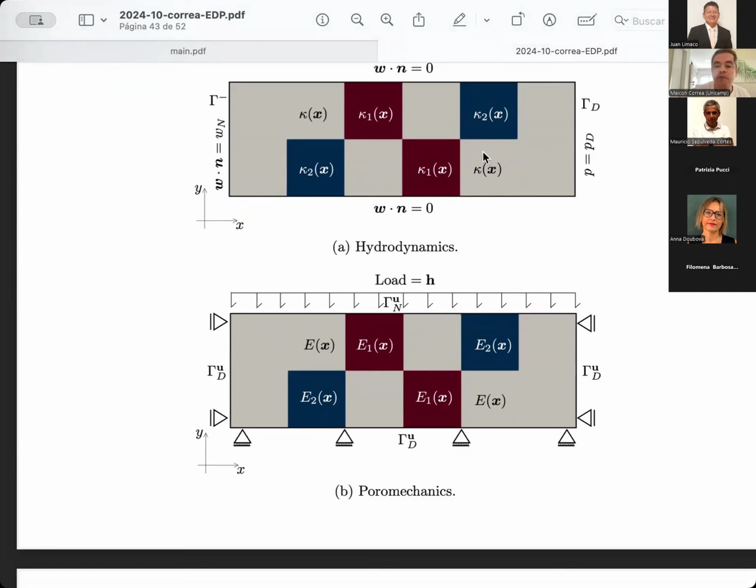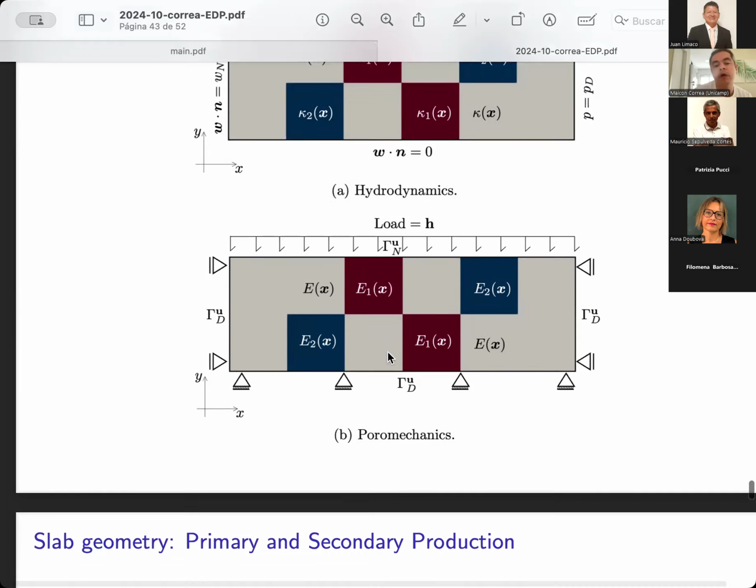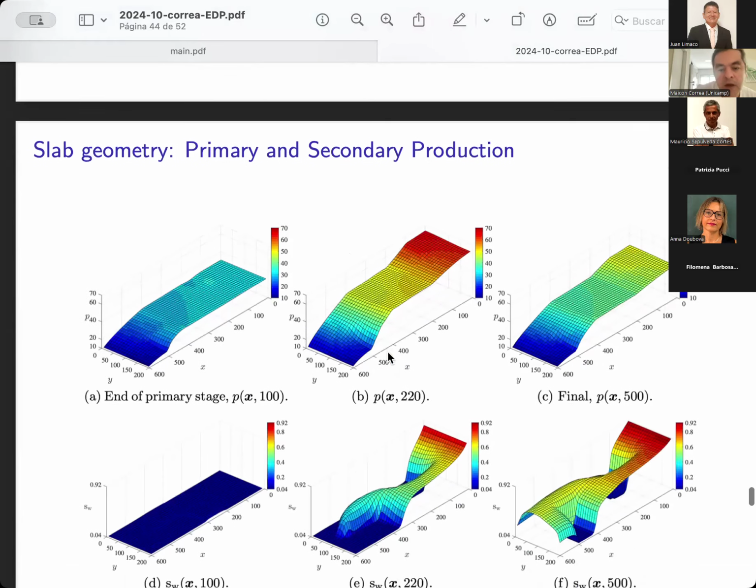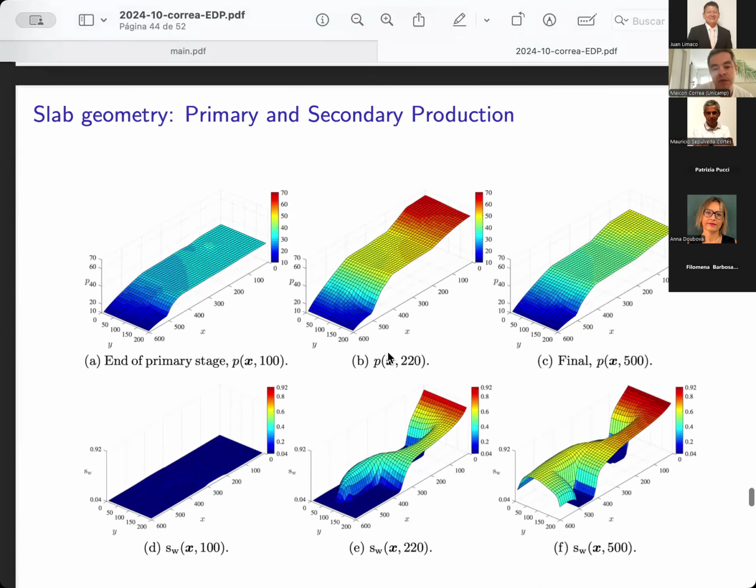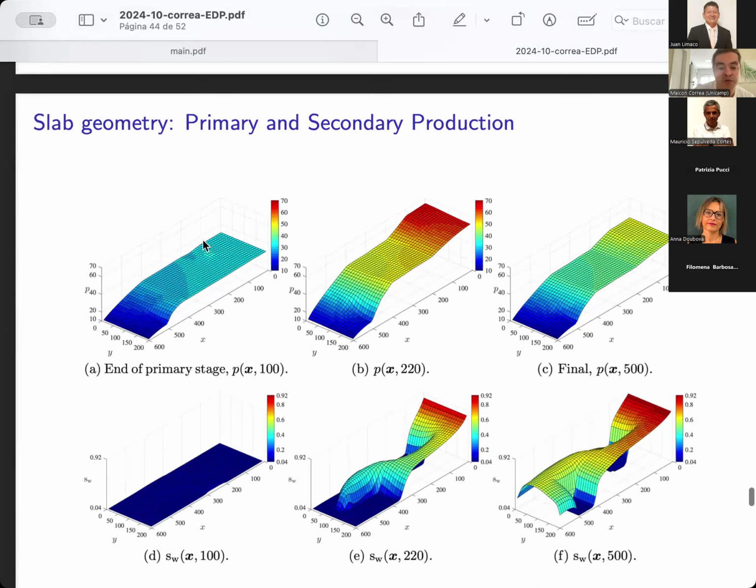So you have some blocks of heterogeneity, of permeability, and Young modulus, and these are the solutions for these three. First is the pressure. So we start with the pressurized system, and you have primary production till day 100.